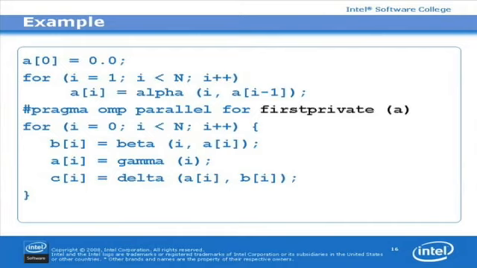The firstprivate clause on the second loop and the OpenMP pragma there will give each thread a copy of the A array, assigned all of the values that were given to that A array's elements in the previous for loop. Those elements are updated as we see in the loop, but like the private clause, all of those updates will be thrown away at the end of the parallel region.